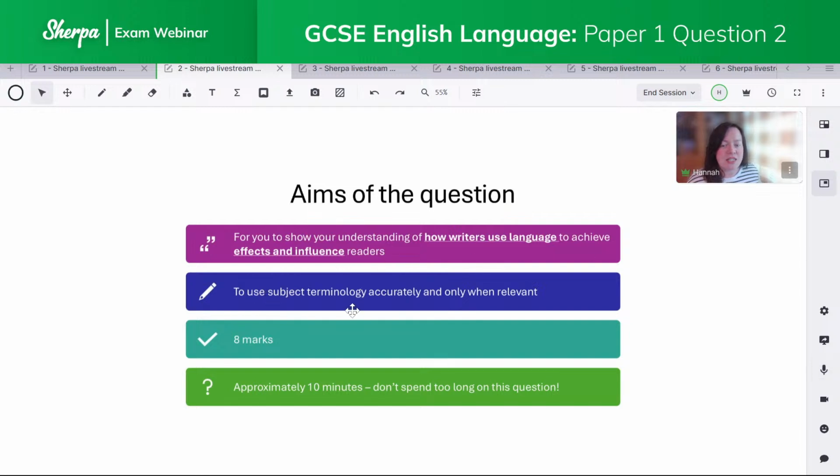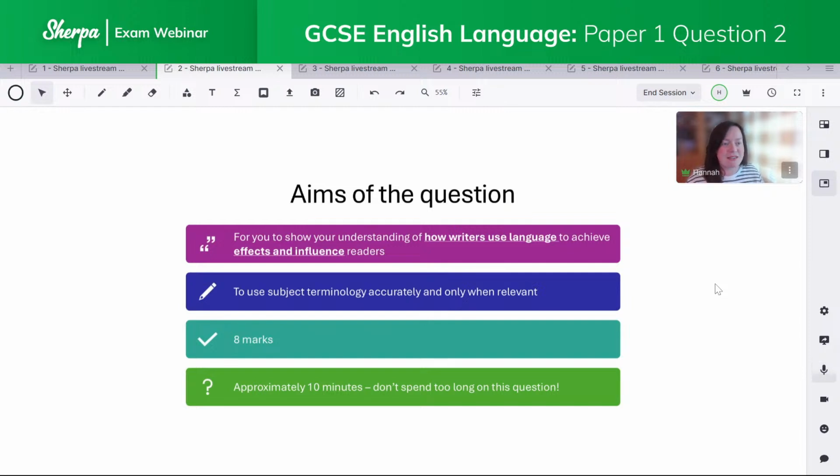Subject terminology should be used accurately and only when relevant. So what that means is if you spot that the quotation you have chosen to analyse in this particular question is a simile, call it a simile. What we don't want is students just naming techniques that they can find, that they spot. So for example, if you are analysing a simile and you happen to notice its alliteration as well, if you are not analysing the effect of the alliteration, if you're not saying the alliteration creates a harsh sound or mimics the sound of breathlessness or something like that, don't mention it.